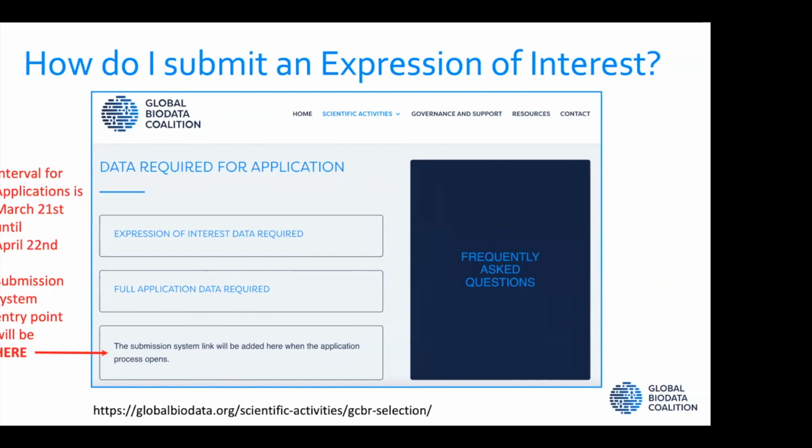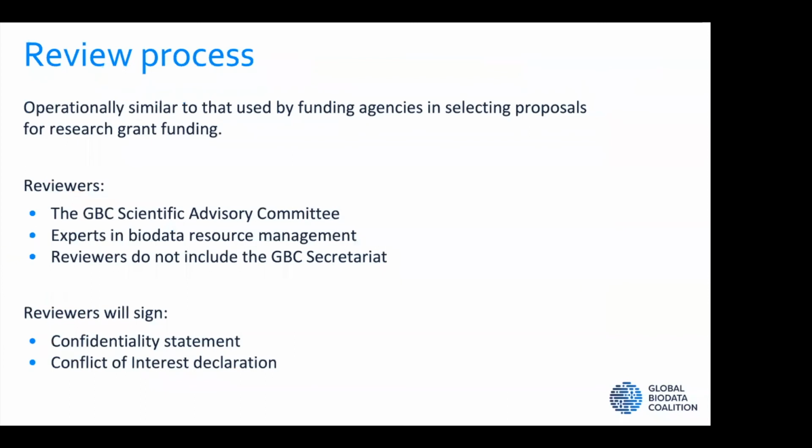The submission system is very easy to use and can be paused halfway through. You're also able to have multiple contributors working on the same application, which can be extremely handy. And so that's how you'll know when the submissions can come in. You will be interested in the review process. It's operationally similar to that used by funding agencies for research proposals.